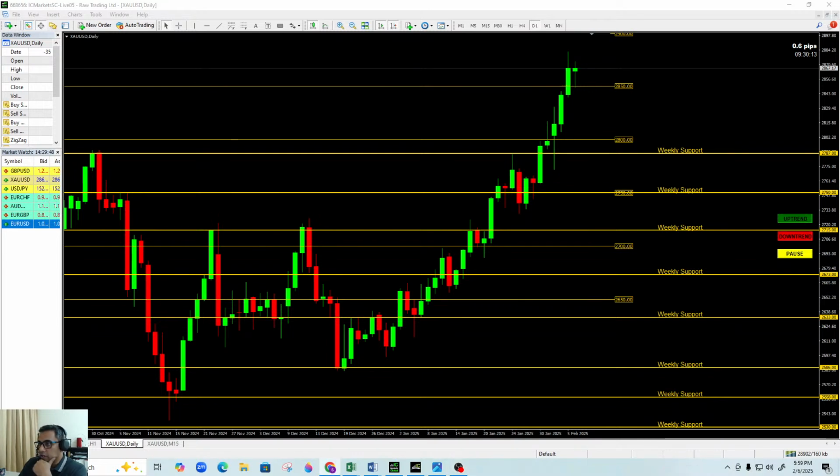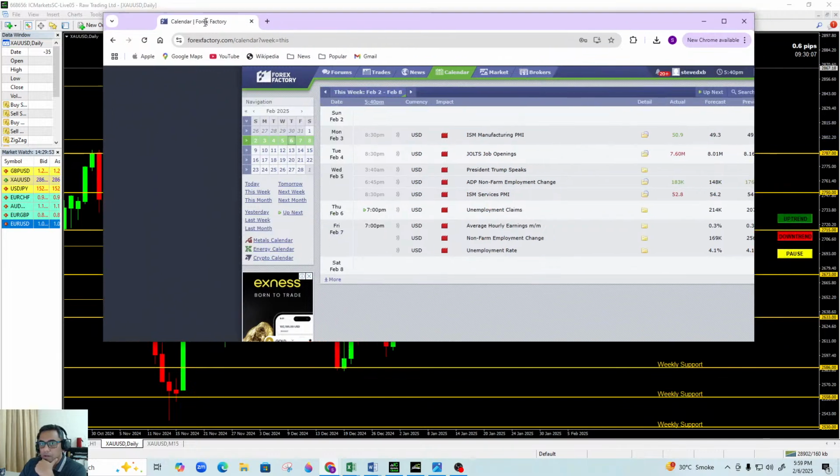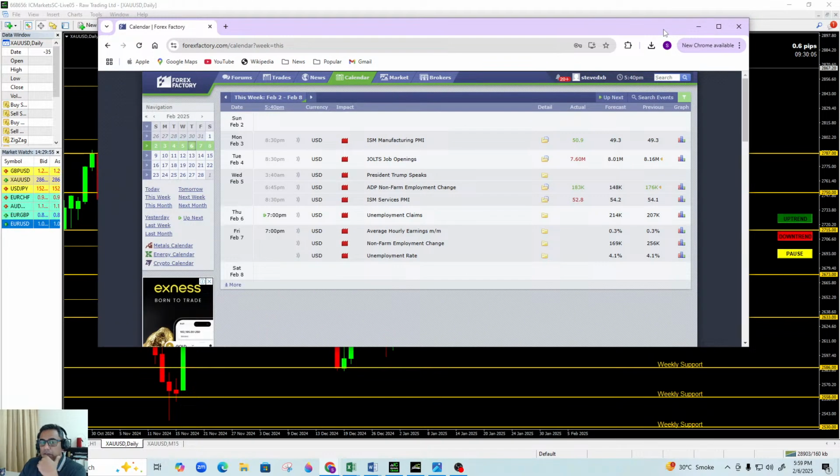Let's take a look at the news calendar before we proceed. So these are the steps that I follow every day, right? The prep work that is done every day. It's a very thought through, logical kind of workflow that I follow.